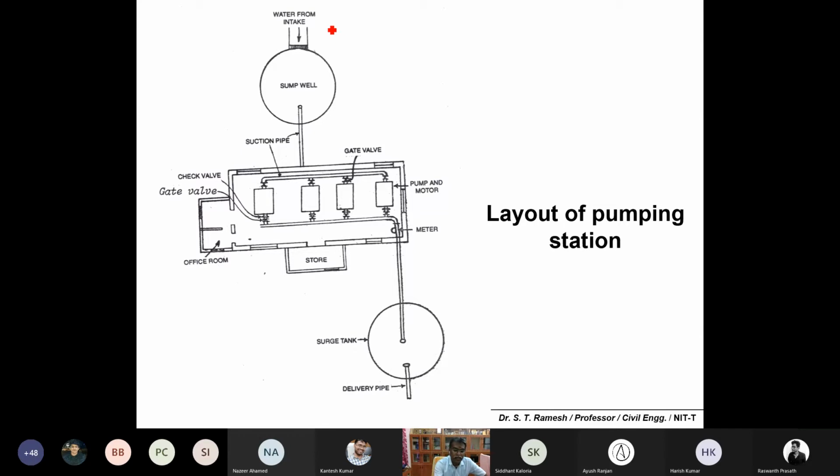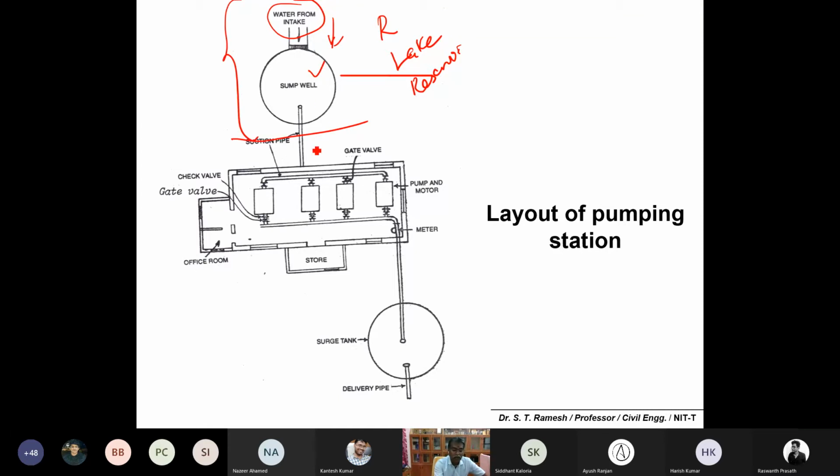This is from our intake structure, that's what I have drawn initially in the class. This is from an intake structure like a river or lake or reservoir or from other sources, and you just pump out from the intake well. After the intake you may also have a storage sump well, as we have discussed in the intake structures.